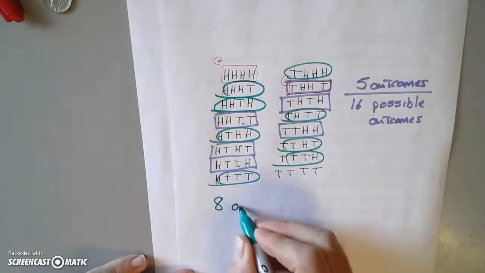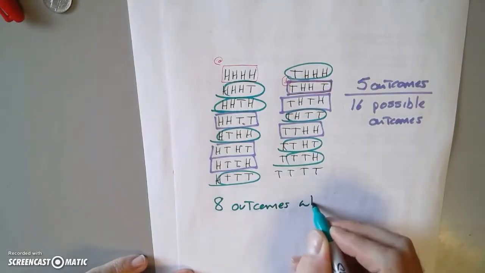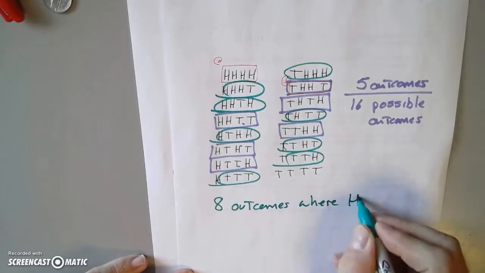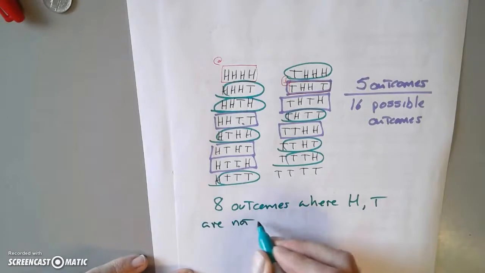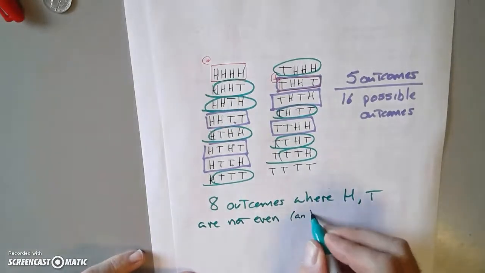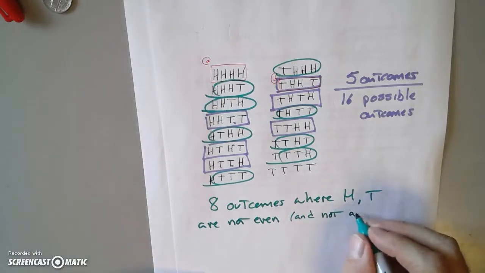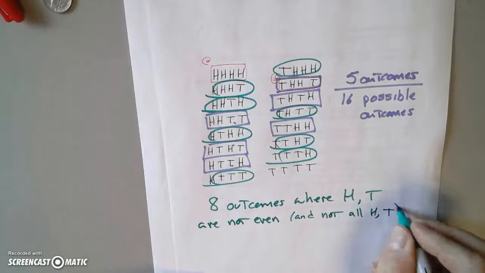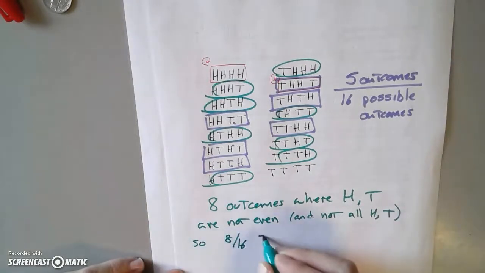There are 8 outcomes where heads and tails are not even and not all H or T. So that would be 8 out of 16, which is 1/2.